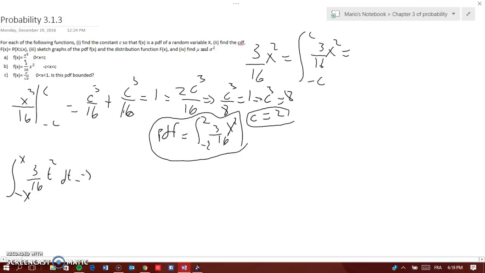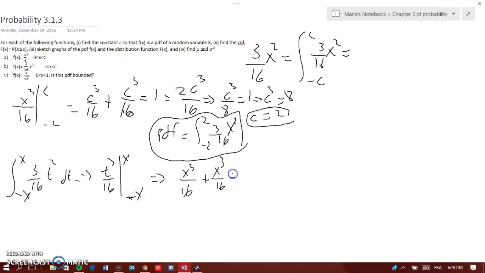And what would that equal? Well, that would equal t cubed over 16 from negative x to x, which equals x cubed over 16 plus x cubed over 16, which is equal to x cubed over 8.